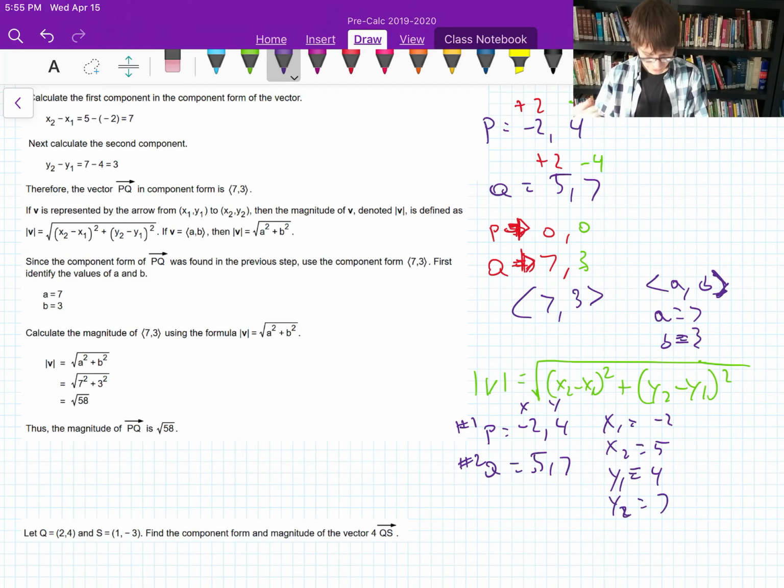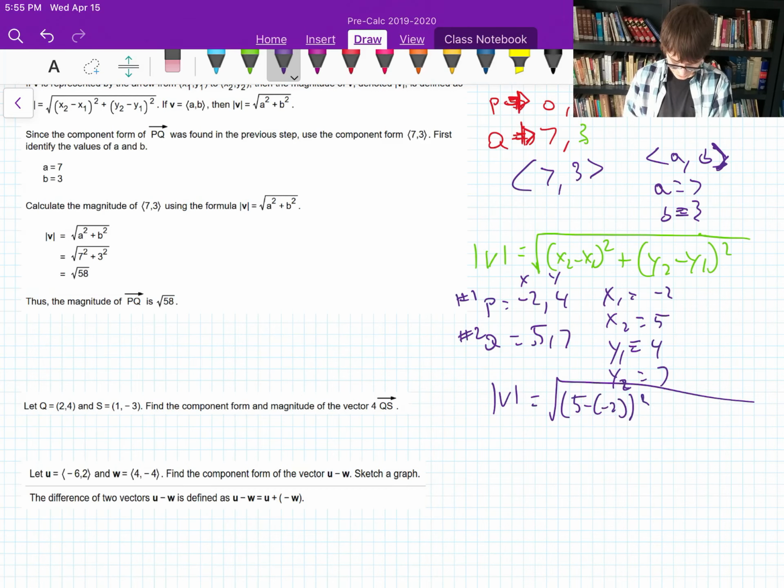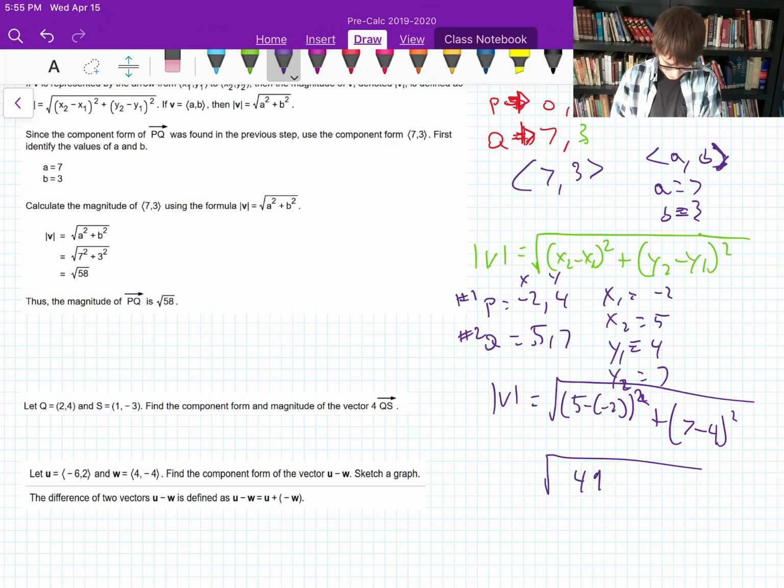Okay, and we just plug and chug. So the magnitude of v equals the square root of (5 minus -2) squared plus, y2 is 7, (7 minus 4) squared. 5 minus -2 is 5 plus 2, so 7 squared, which is 49. So it gives us the square root of 49 plus, 3 squared is 9.